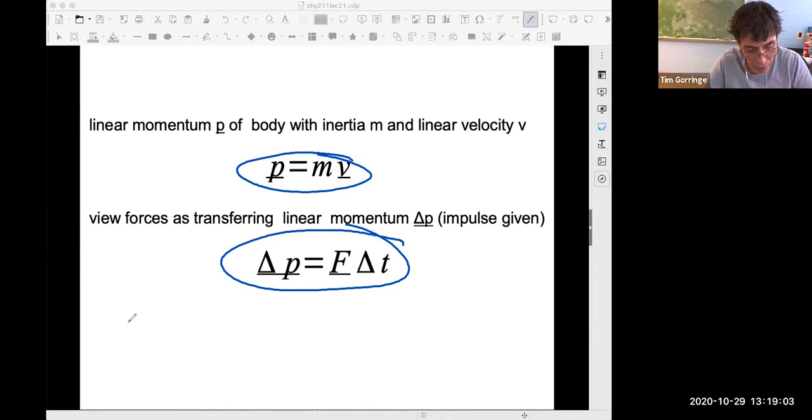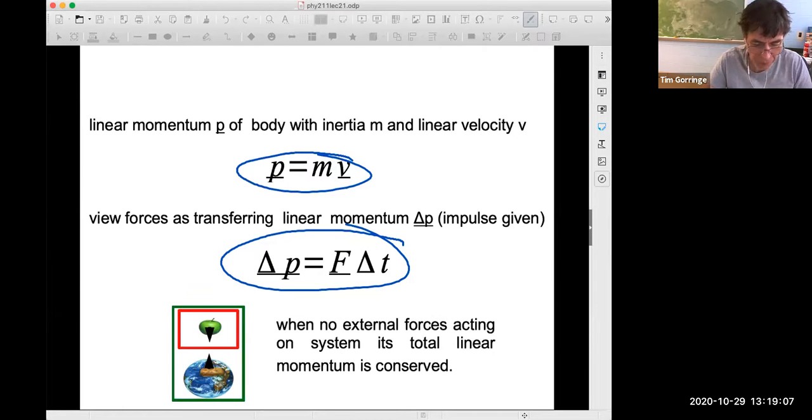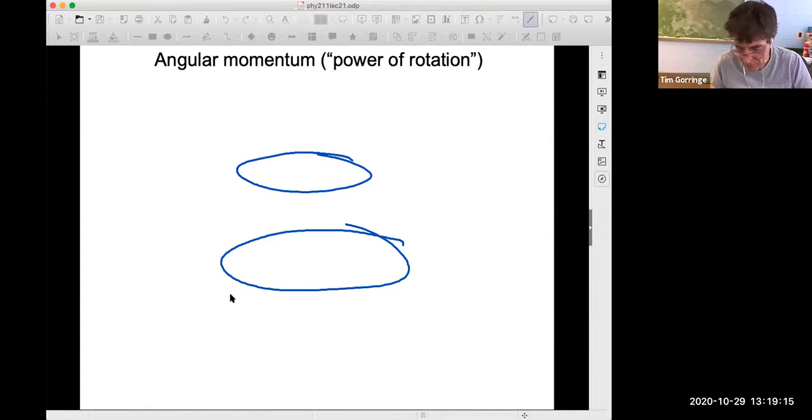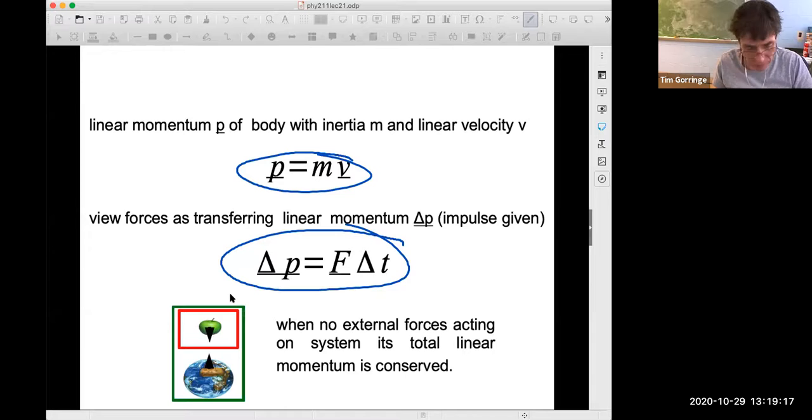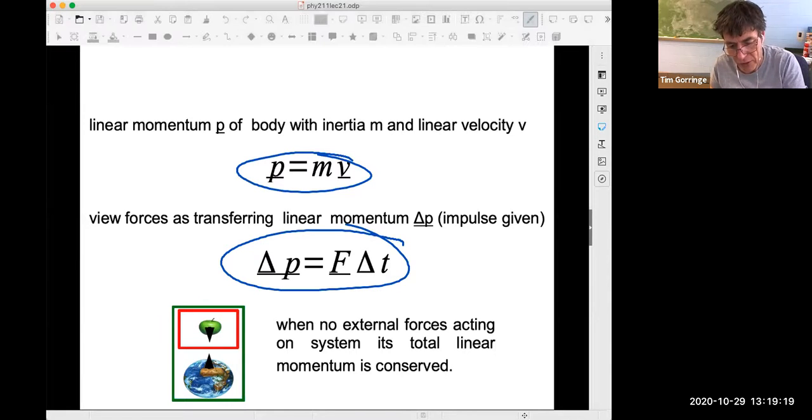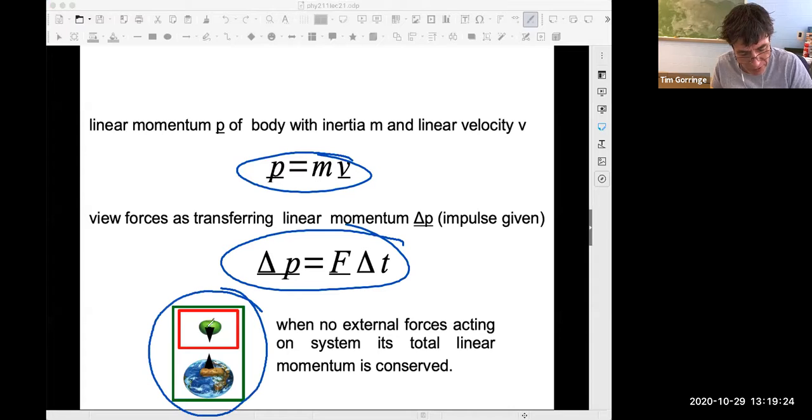The other important point about linear momentum is that if you have a system where there are no external forces acting, such as if we consider this falling apple and the earth to be a system.